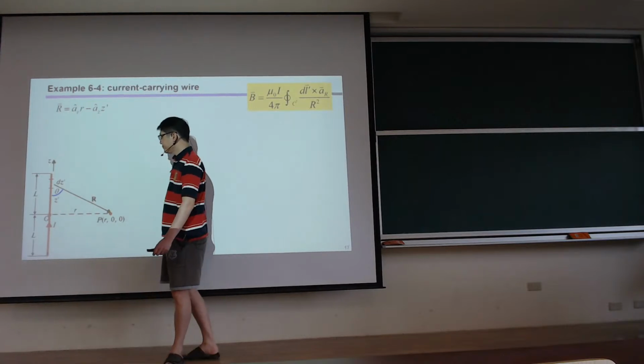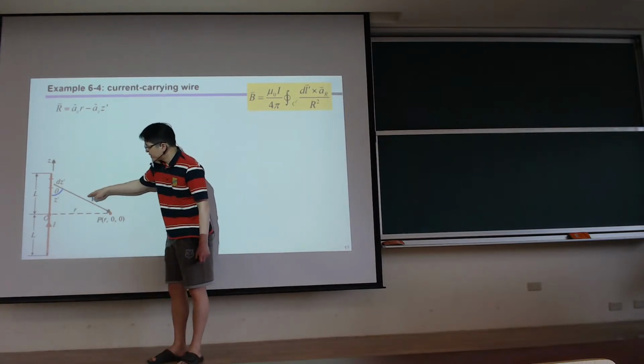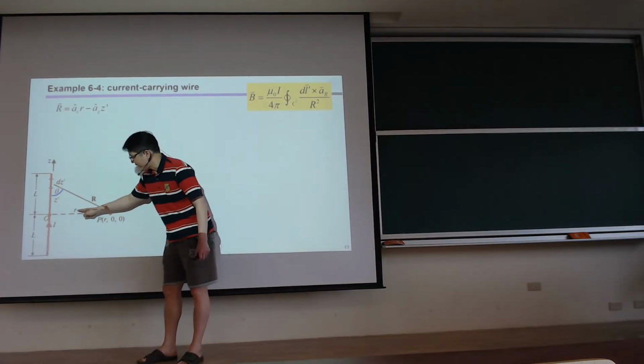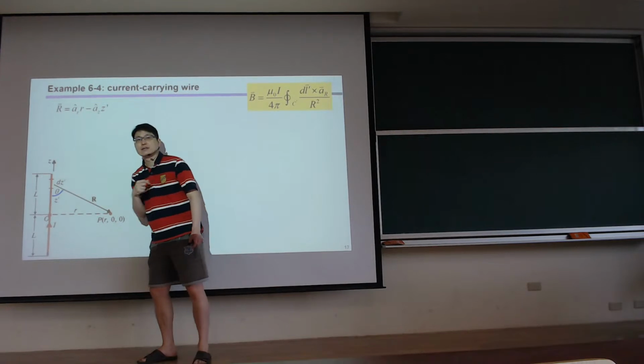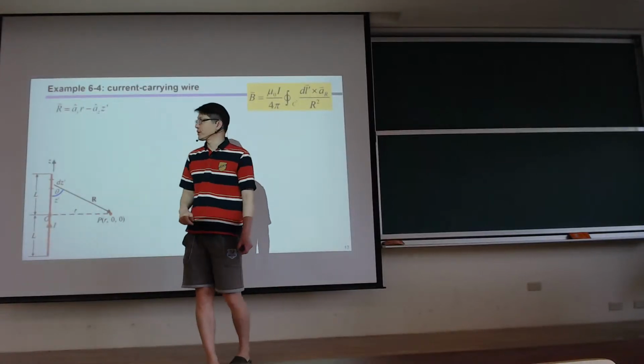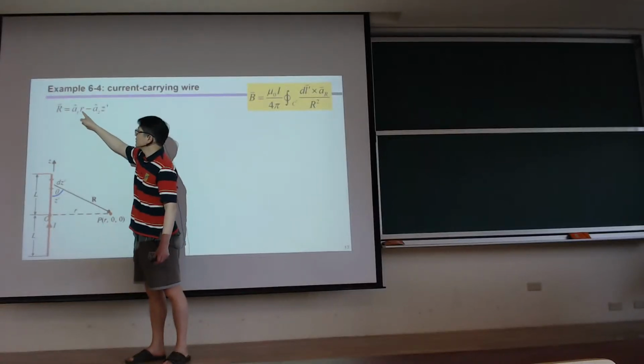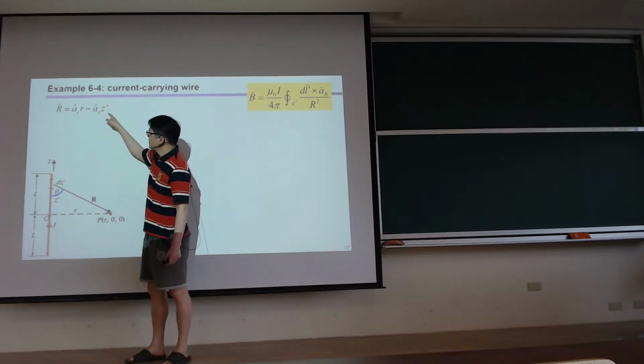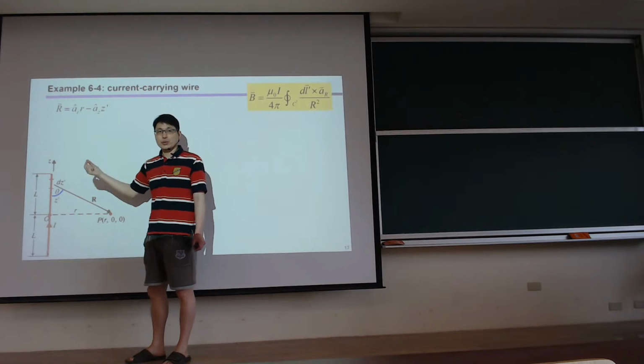So basically, this distance vector is the non-capitalized r vector minus the z vector. So a_r r minus a_z z prime. Again, z prime denotes the source coordinate.